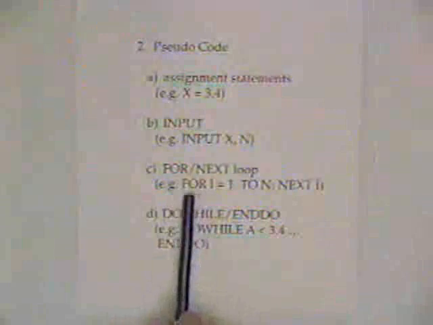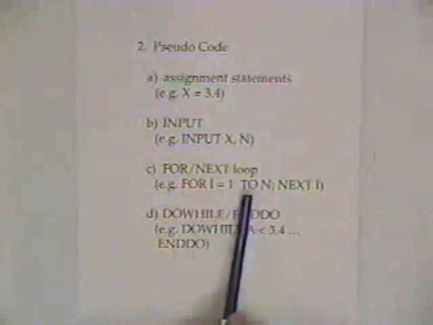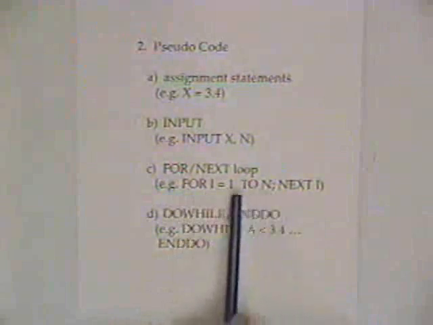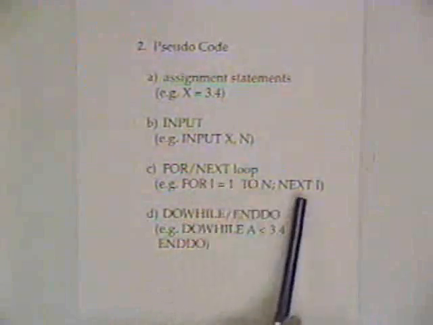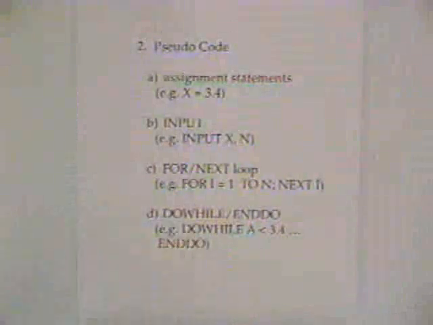In this example, you have a loop in which a variable index I goes from 1 to a value of n, and then between the for statement and the next statement, there would be a series of statements that are executed sequentially, and you go around that loop, in this case n times, until the index reaches a value of n.